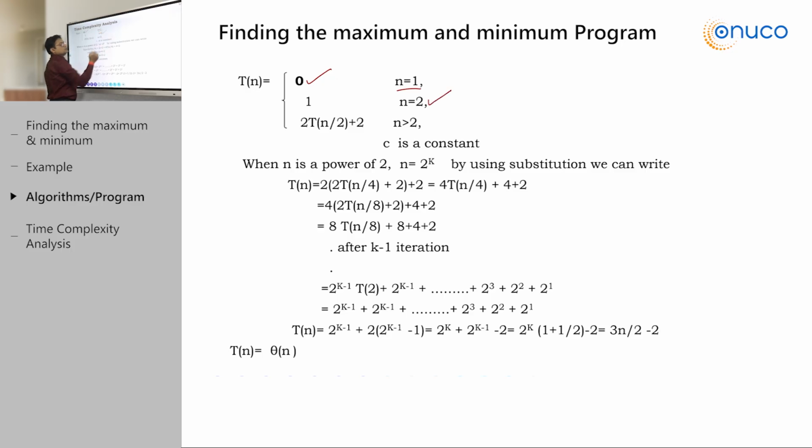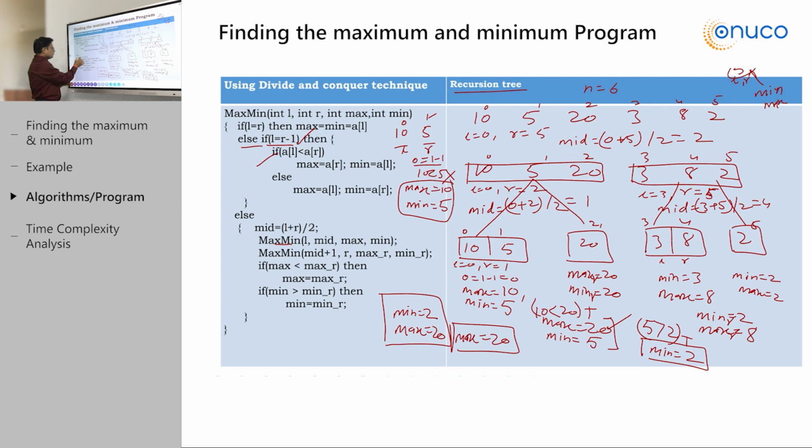If n is equal to 2, we have two elements. Still we have not used a recursive call, we have just used if-else statements, so one comparison.